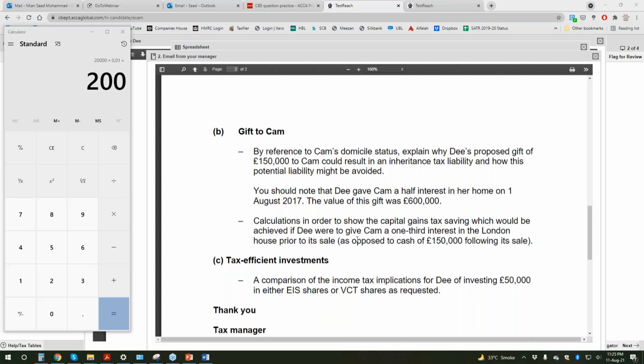And with this, they will be considered as a UK resident spouse, and the 325,000 barrier will be removed. Rather, they have the unlimited amount available to transfer to each other. That is the advantage or the good side of it. The bad side of it: if Cam has any property in the Riviera, in the country of which he is actually resident, that will be subject to UK IHT as well. So that is the disadvantage.